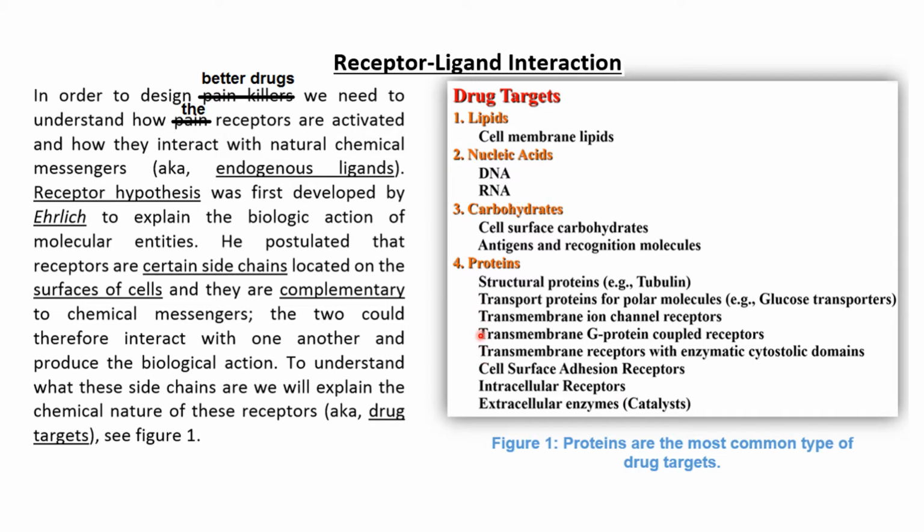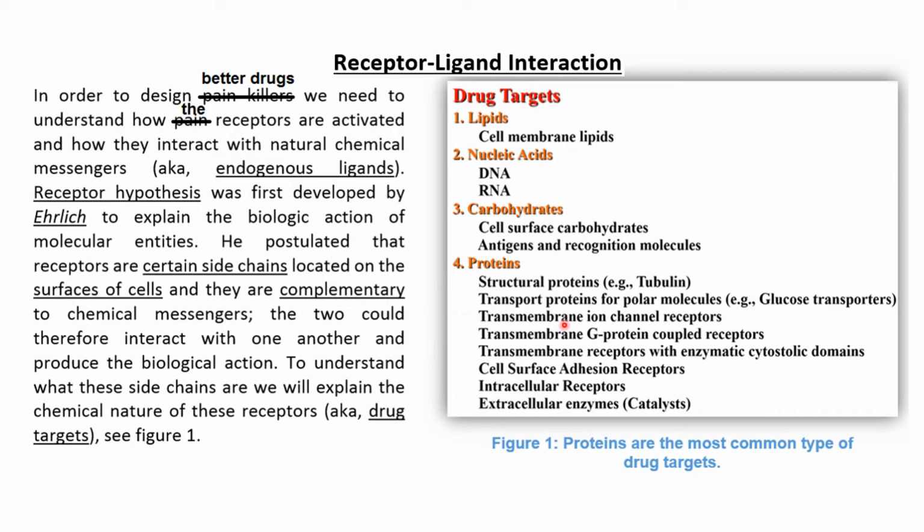There could be an ion channel protein. Transmembrane means that they are attached to the membrane of the cell, and they have some part of them outside of the cell and another part inside the cell, so they are known as transmembrane proteins.